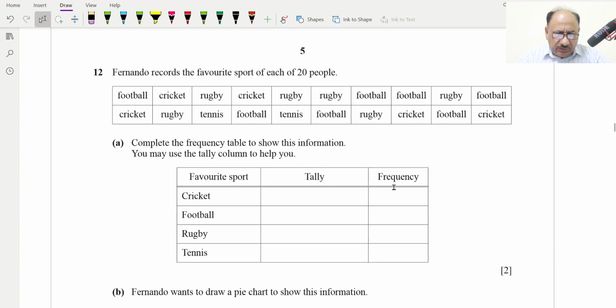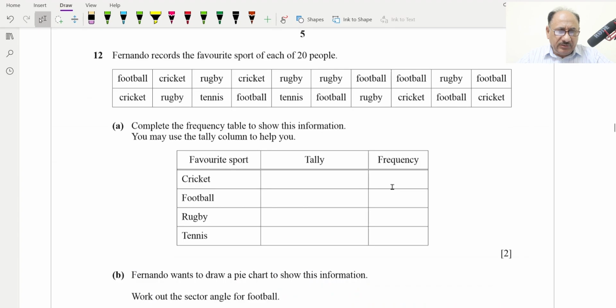We have to complete this tally chart, and we can start with, for example, cricket. First is cricket, so we'll check for the cricket. 1, 2, 3 and 4 and 5.